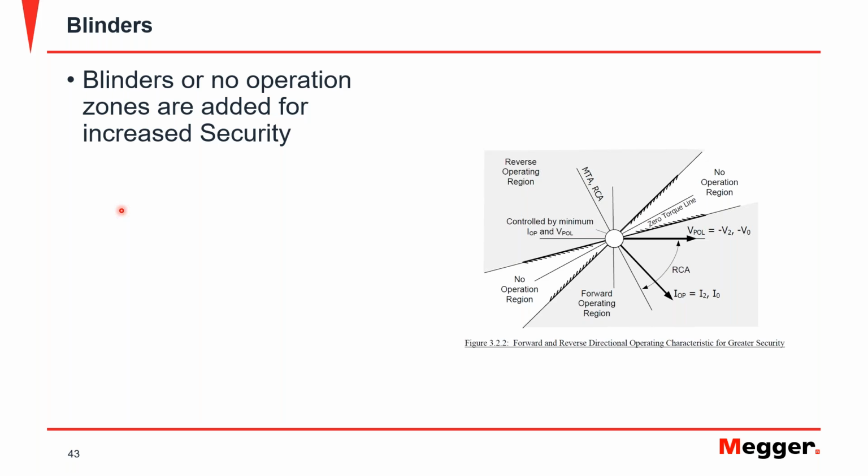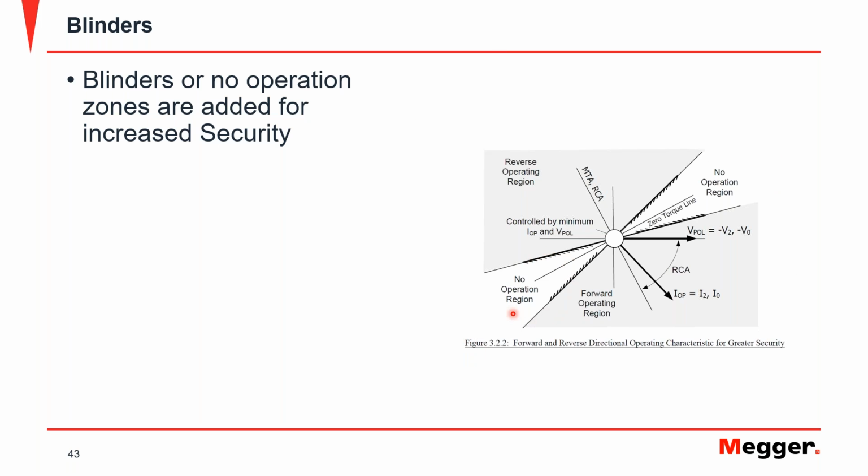Blinders are used because it's never so crisp in protection systems. It's very difficult to say, okay, we have this 180-degree zone of operation, and then this 180 degrees of no operation.